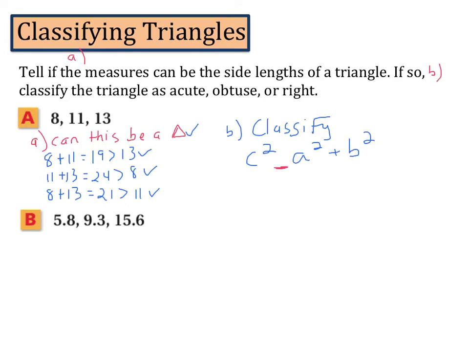So to pick c, c is always going to be your biggest. So in part A, 13 is the biggest. So I'm saying 13 squared, and then I don't know whether it's less than, equal to, or greater than. And a and b can be either of the other two. So it can be 11 and 8 or 8 and 11, doesn't matter. It's addition. So we have 8 squared plus 11 squared.